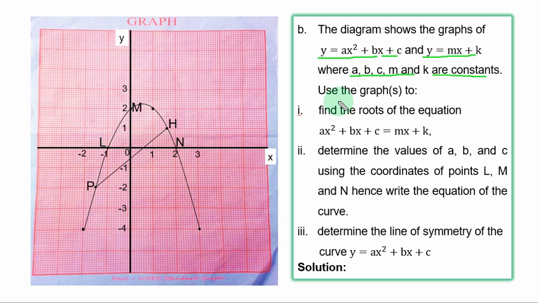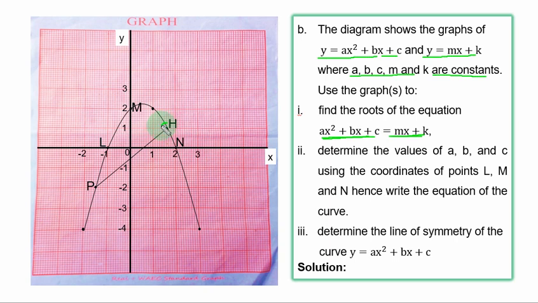Use the graphs to, Roman figure 1, find the roots of the equation as squared plus bs plus c equal to ms plus k. The left hand side is the curve and the right is the line. The solution is simply the points of intersection of the curve and the line. Let us get that right away.